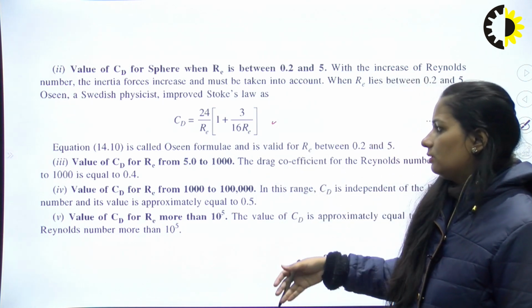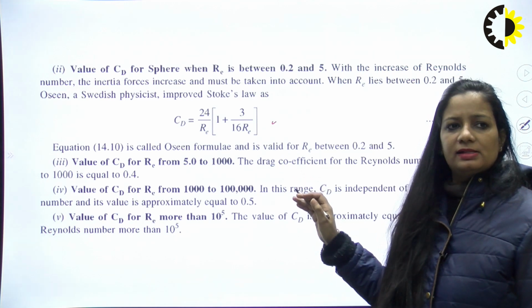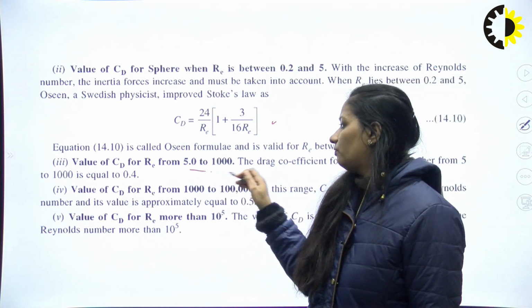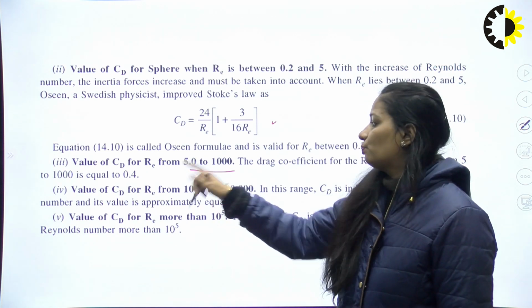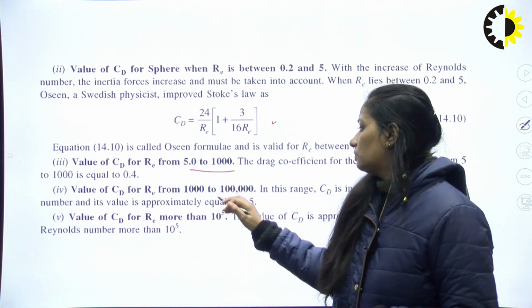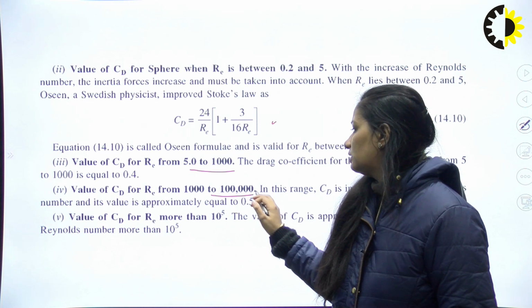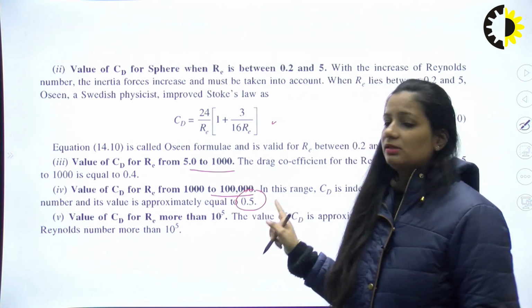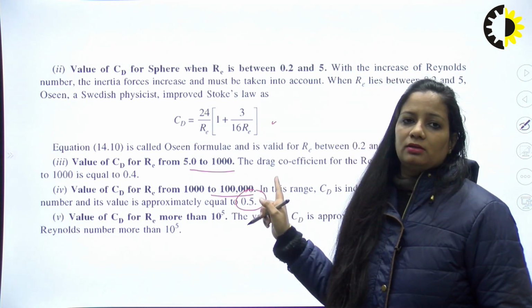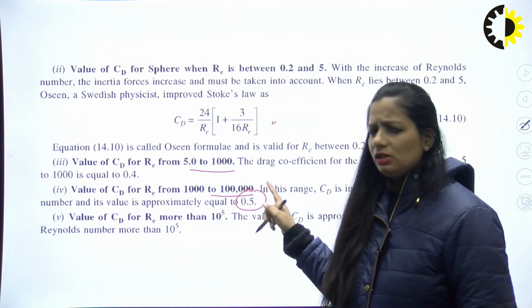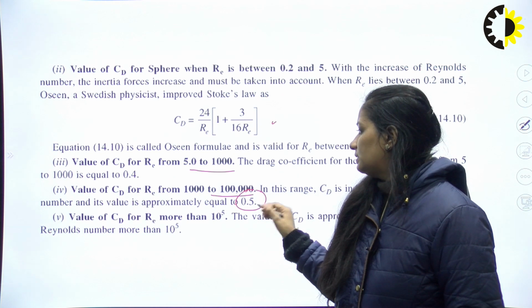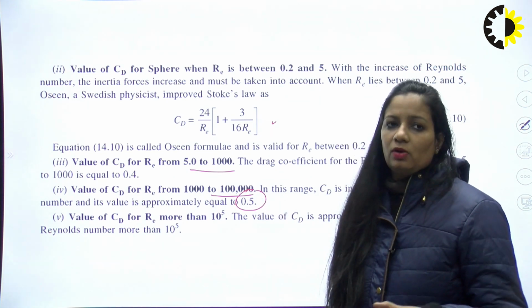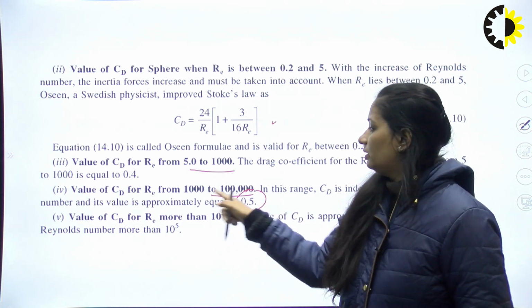For Reynolds numbers of 5 to 1000, CD is taken as 0.4. When the range is 1000 to 100,000, CD is taken as 0.5. We solved a numerical in the previous slide where we took CD as 0.5 because the Reynolds number was in this range.